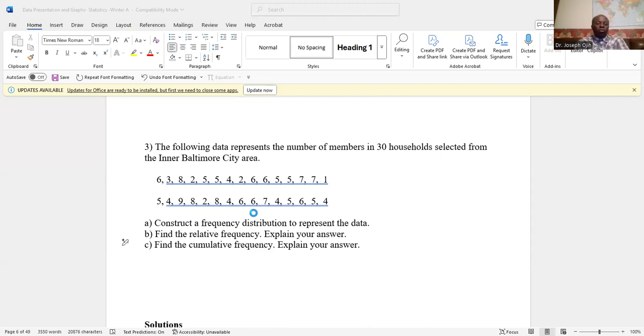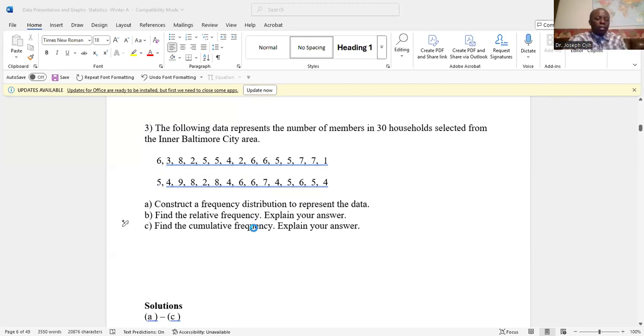It says construct a frequency distribution to represent this data. Find the relative frequency, explain your answer. Find the cumulative frequency, explain your answer.